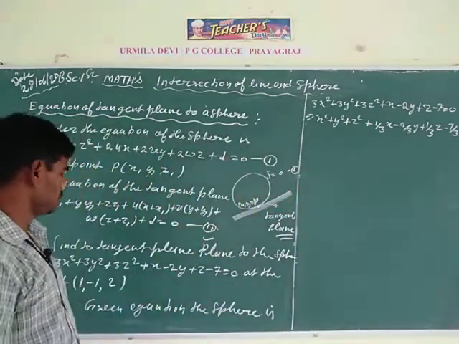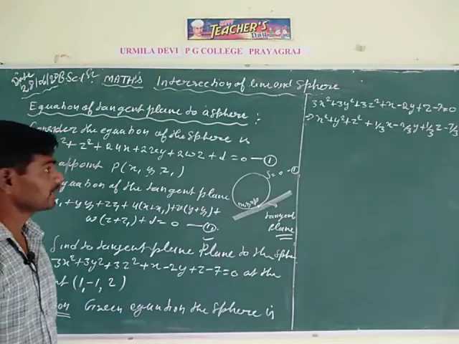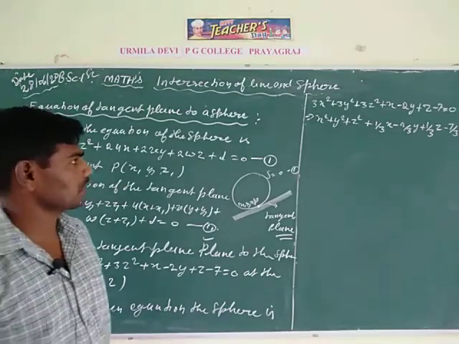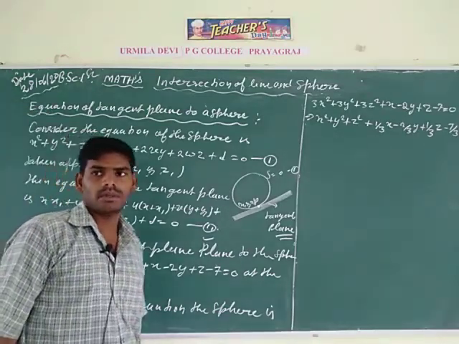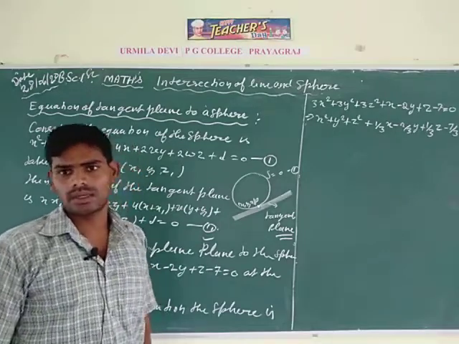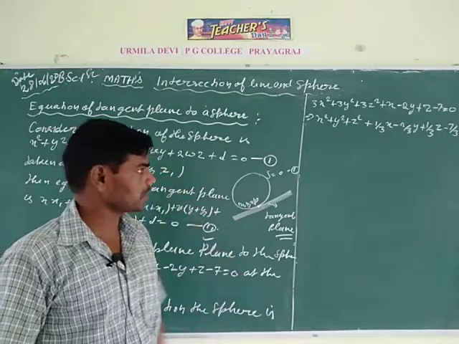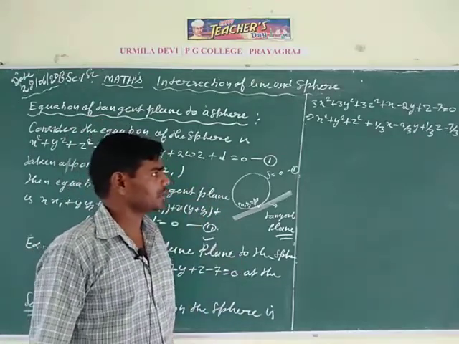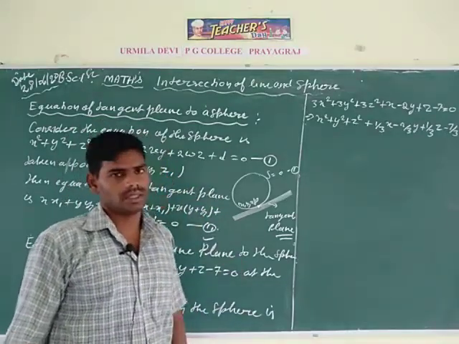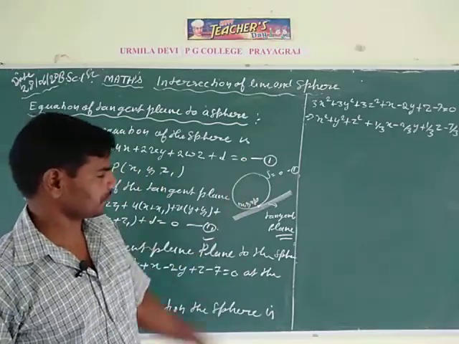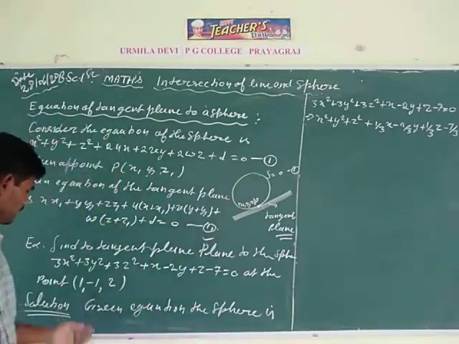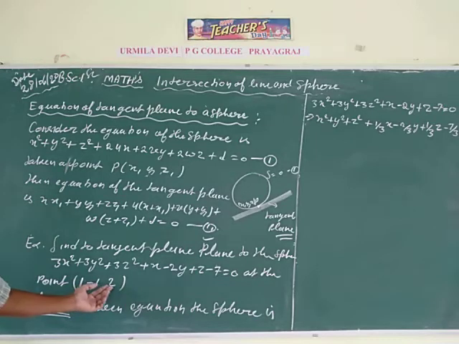So the given sphere equation is written in the general form of the sphere, where the coefficients of x square, y square, z square should be unity, and 1 by 3 x minus 2 by 3 y plus 1 by 3 z minus 7 by 3 is equal to 0. And the given point is 1, minus 1 and 2.